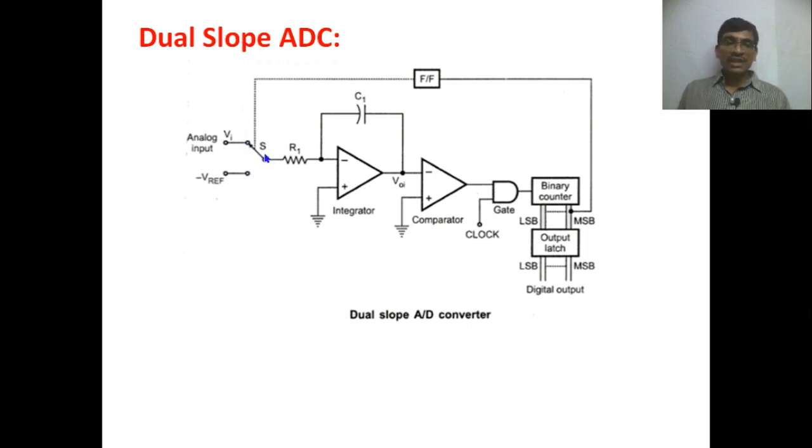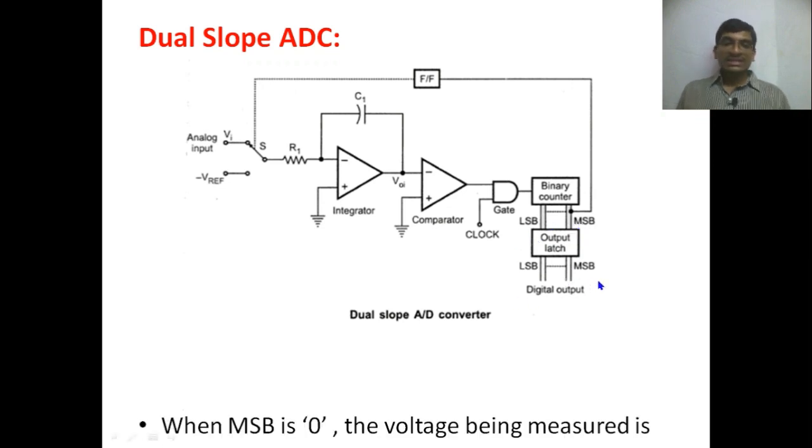The switch output is given to the integrator circuit, the integrator output is given to the comparator, and the comparator output is given to an AND gate along with the clock signal. The gate output is given to the binary counter to control the counting, and then we have the output latch and digital output. Let us see the operation.